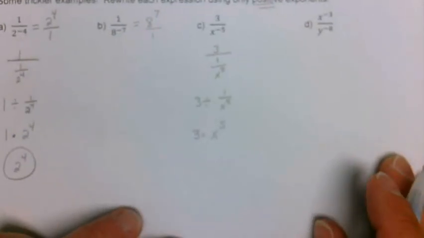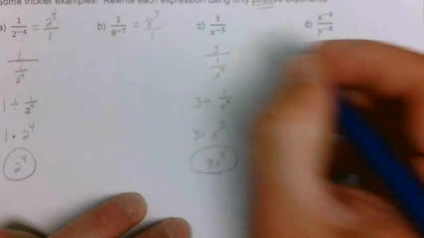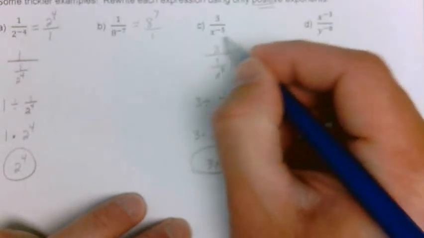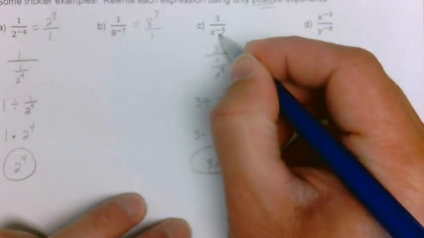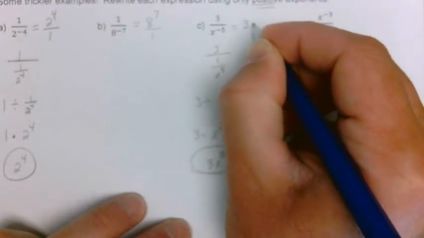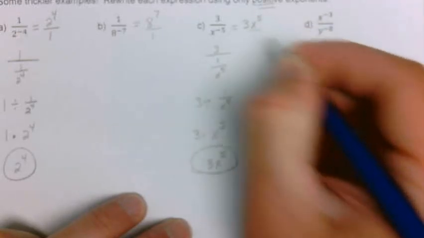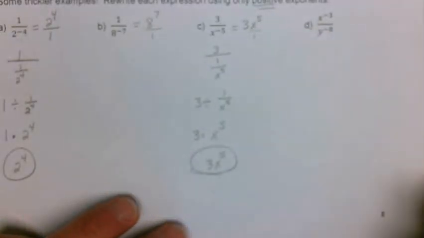And you really can't do much with that, so our answer here is going to be 3x to the fifth power. Again, our negative exponent moves from the denominator into the numerator. So this is going to be 3 times x to the fifth, and it becomes positive. And again, you can think of that as being over 1.